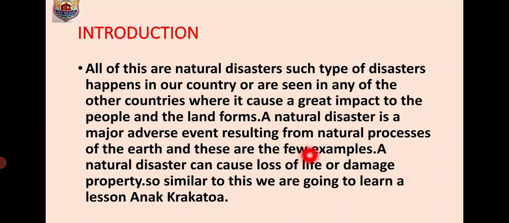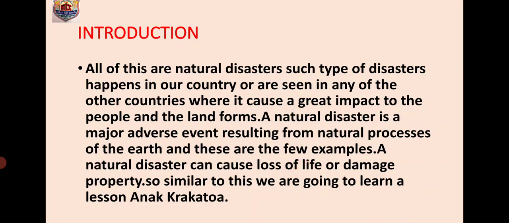So how does it happen? From the natural processes of the earth itself. Natural disasters can cause loss of life and damage property. Similar to this, we are going to learn a lesson, Anak Krakatoa.